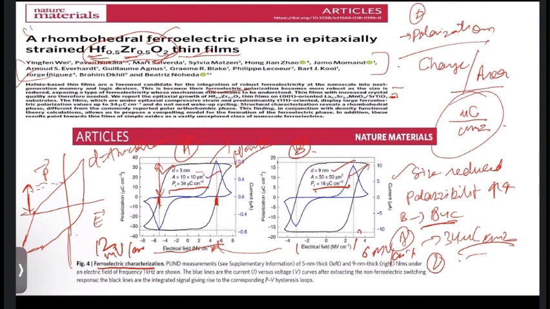Here it is only maybe about 17 microcoulomb per centimeter square. So this is the difference between the hysteresis loop of the thin film of 5 nanometer thickness and 9 nanometer thickness.